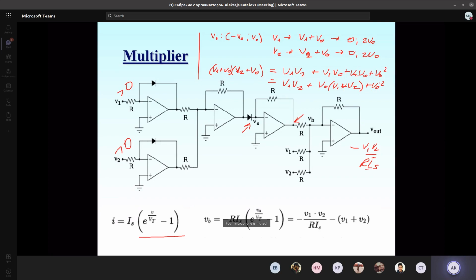So we add two summing amplifiers before and one other with 4 inputs after. So we will get the 4-quadrant multiplier.